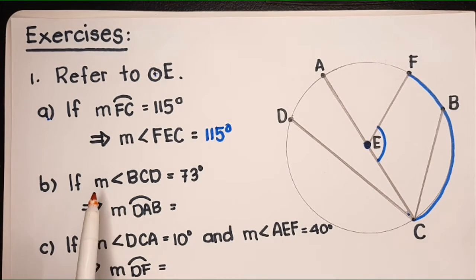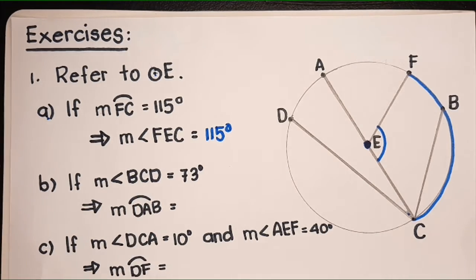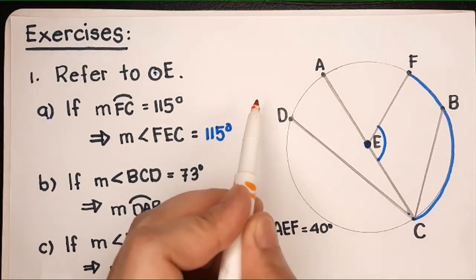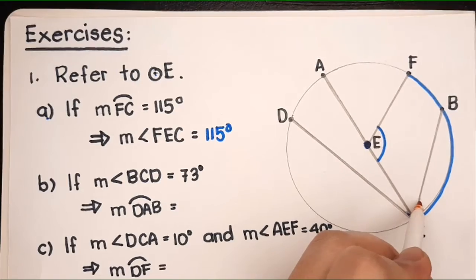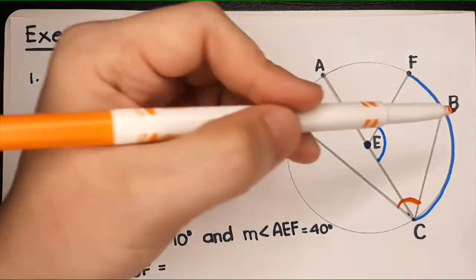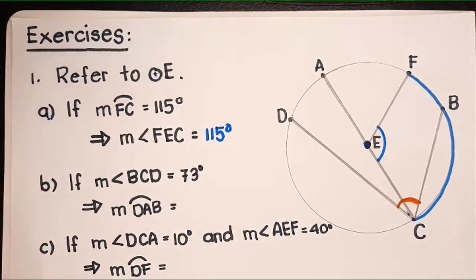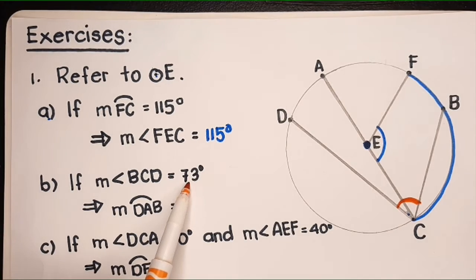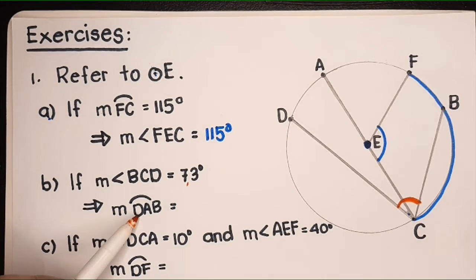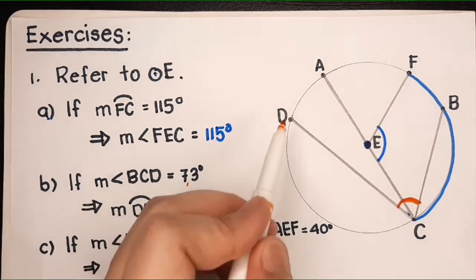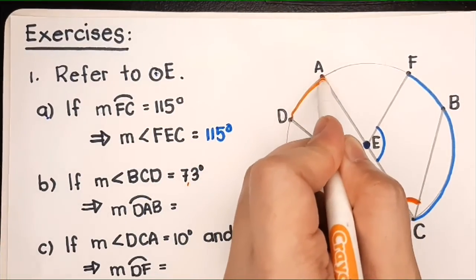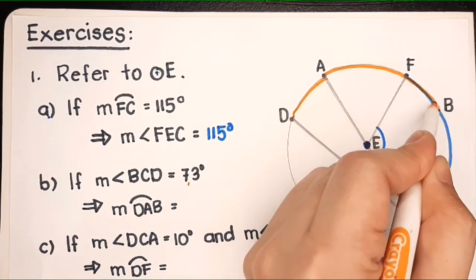Okay, so this is the next question. You're given the measure of angle BCD. So where is that? B, C, D. So this angle. This is the angle BCD that measures 73 degrees. What is the measure of arc DAB? Where is that? Here. Let me draw. D, A, B. Hanggang dito.